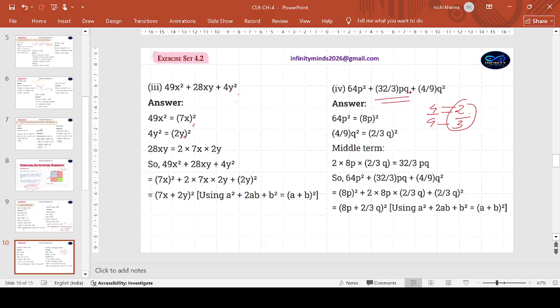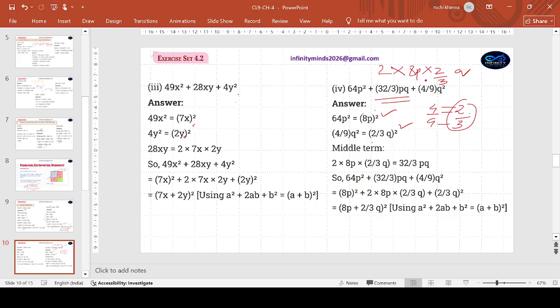Middle term is not something you really need to think about. It has to come from this. Get your a square and b square correct and your 2ab should get formed. 2ab will not be a problem. First write your 2, then write your a, that is 8p, and then write your 2 by 3q.